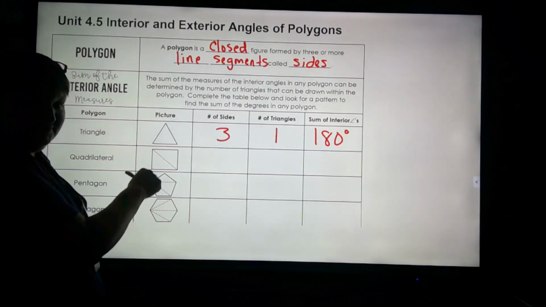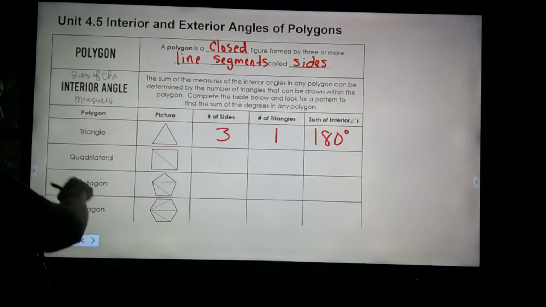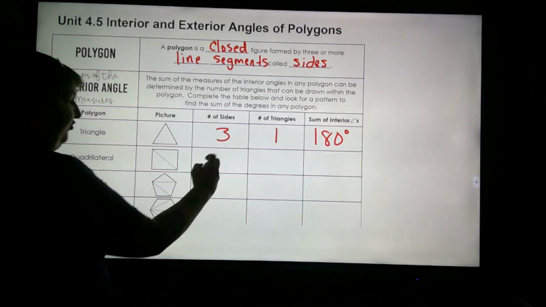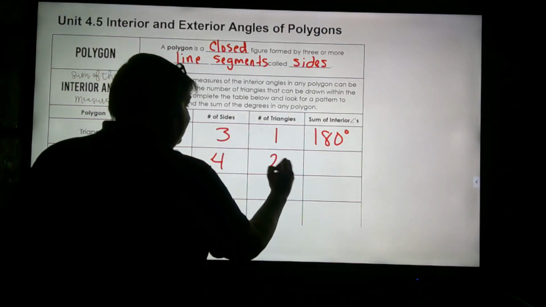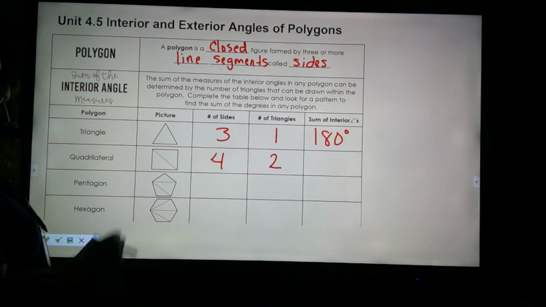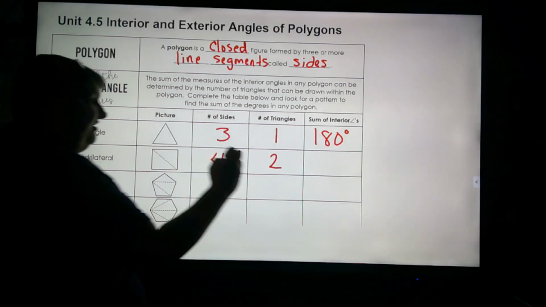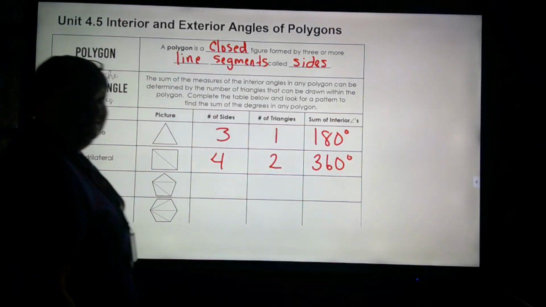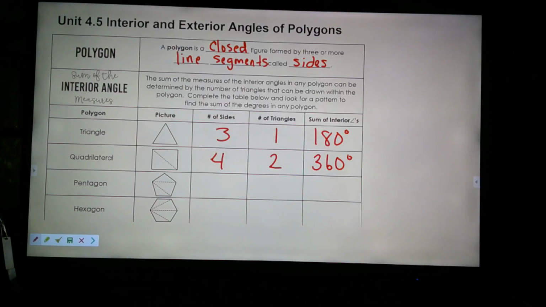You can make 2 separate triangles out of that rectangle. Also called a quadrilateral because it has 4 sides, right? It has 4 sides. You can make 2 triangles out of it, right? Corner to corner, you can make 2 triangles, and it's 360 degrees inside, the interior.